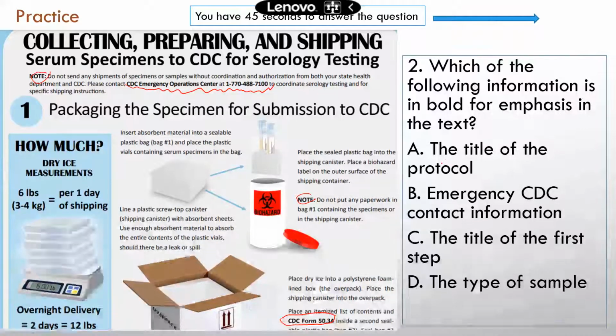So a title. Now, the title does not count as text being bold, just because a title has a bigger font size than the main text. And a lot of times it's a different style as well. So don't include the title. B, emergency CDC contact, that's the correct answer.